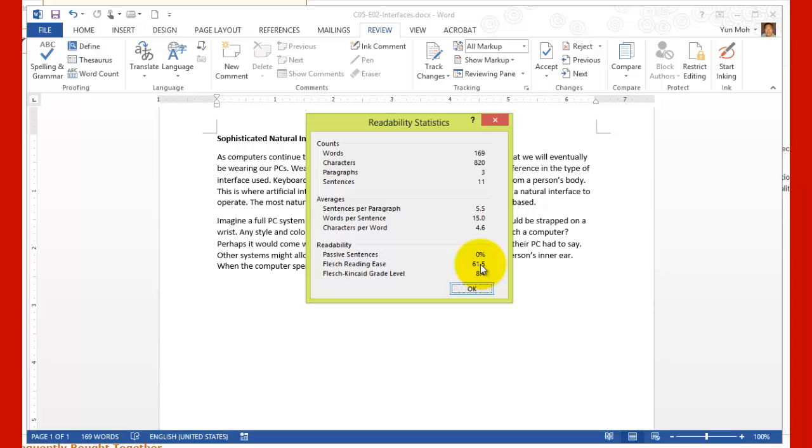So that means very specific knowledge, like scientific reports or medical reports, will be in that range. But also if you are writing books, like a children's book, yes, the reading ease should be high, and the grade level should be low. All right, so that's basically the benefit of readability statistics. Okay, so let's move on to the next exercise.